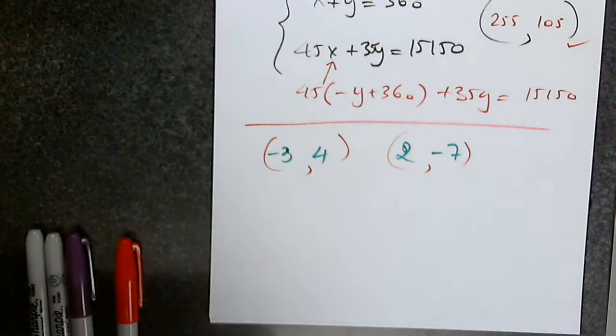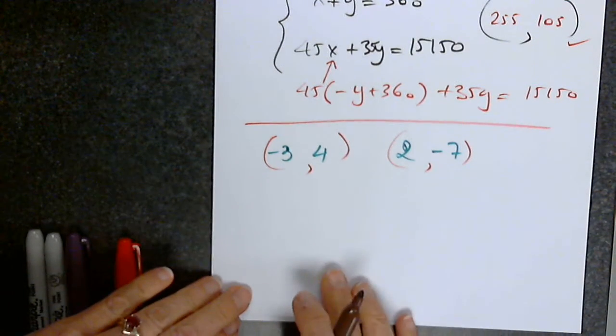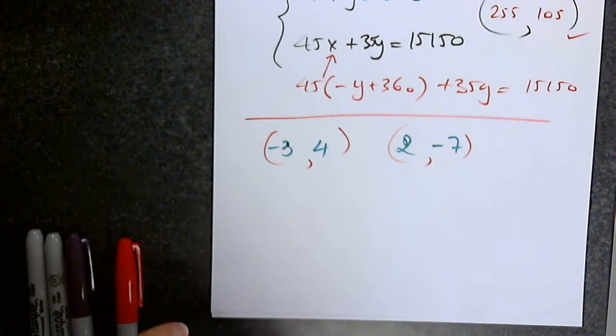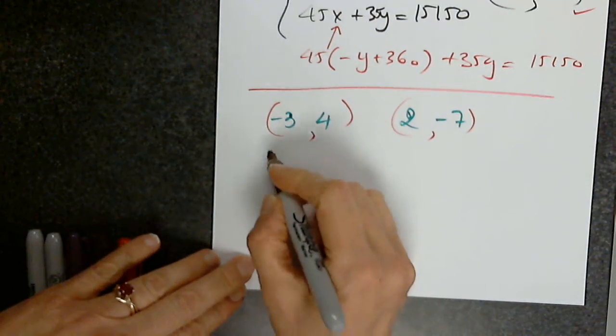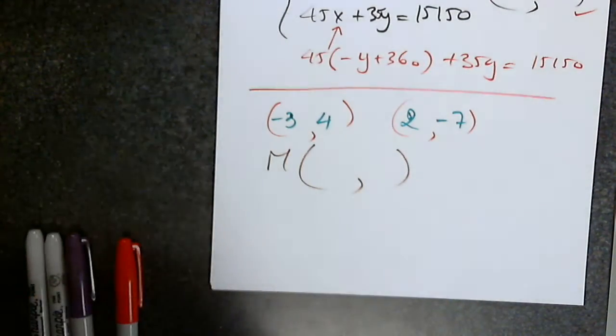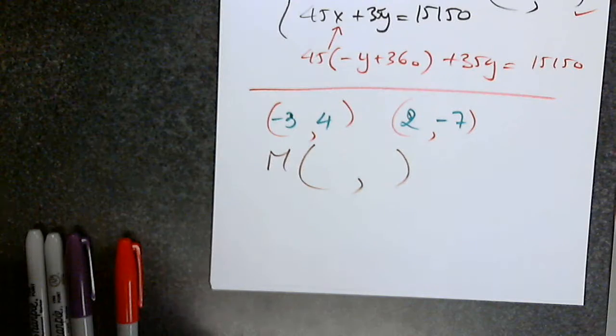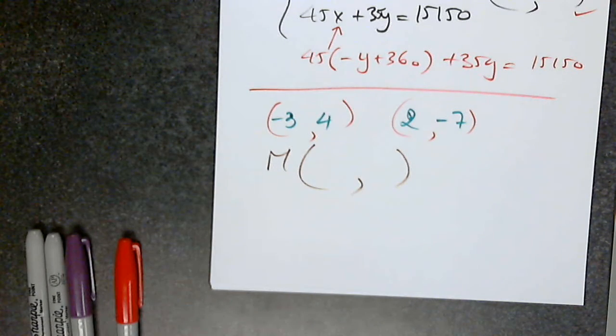What do we have to find first? I was going to start with the midpoint. Fine, let's start with the midpoint. Doesn't matter. They're not connected, really. Three different things on two ordered pairs.